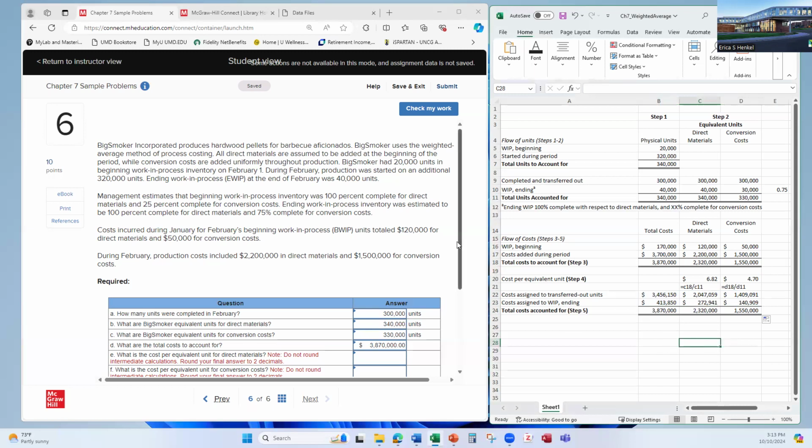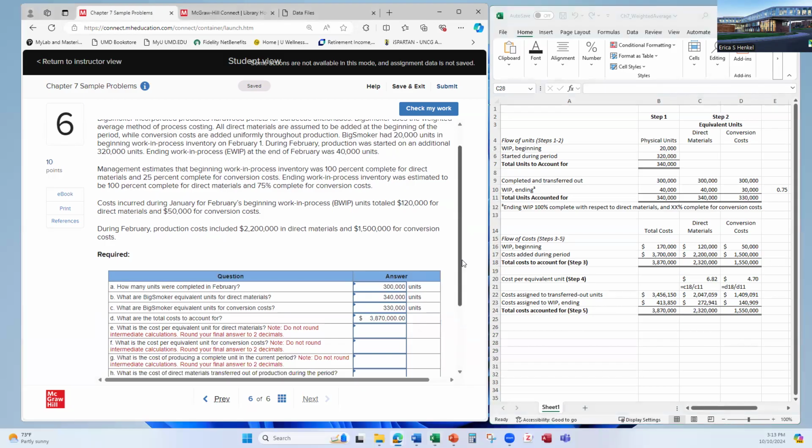All right, so then it's asking, what is the cost per equivalent unit for direct materials? We're just going to enter in our numbers that we already calculated here. So 682. And then cost per equivalent unit for conversion costs, 470.